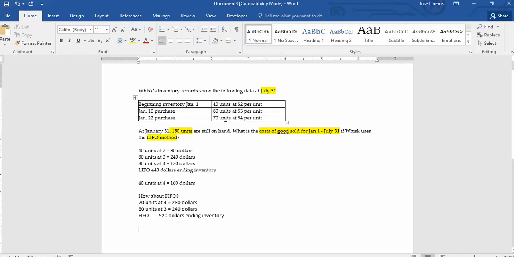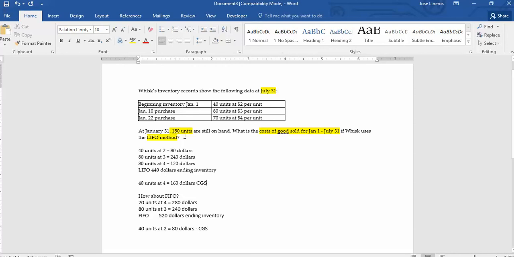These first in are the oldest. Notice here it's nice and neat. 70 and 80 is what's being kept. Well, you sell the 40. The 40 is cost of goods sold. So it's 40 at 2, and it equals $80. Cost of goods sold.